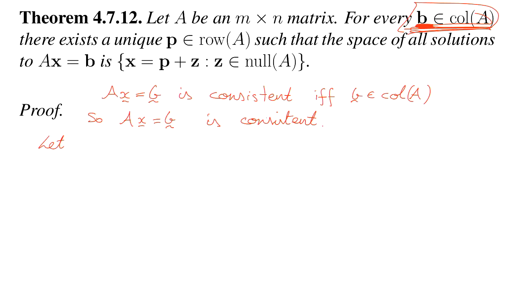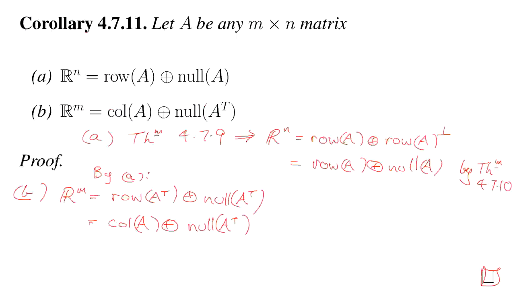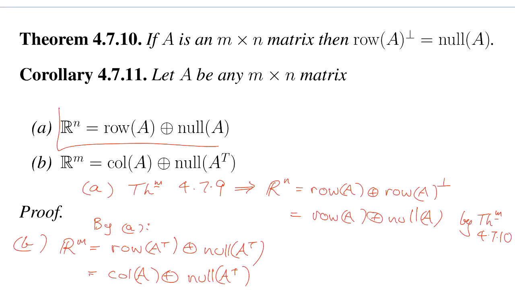All right, so now what's the key observation? Let's forget about whether or not x and y are solutions for the moment. Let's just pick two things in Rn. Now, we know for any matrix A, we can decompose Rn like that.